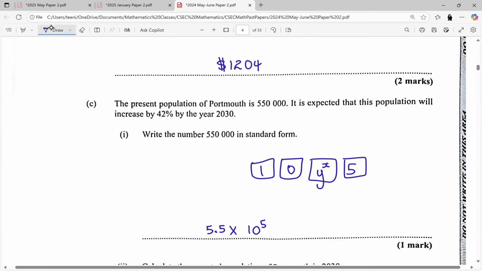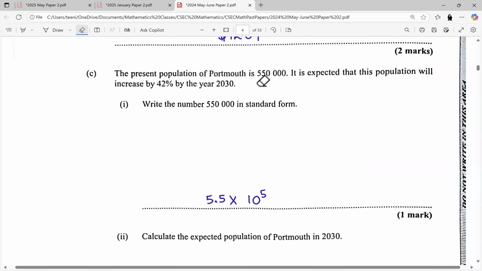Press it and tell me what you get. Yeah, miss, I got 550,000. Perfect. The others, you all know how to do it? Okay, good. So whenever they ask you a question in standard form, always check it back on your calculator to make sure you get the original value, to know if your standard form is correct.